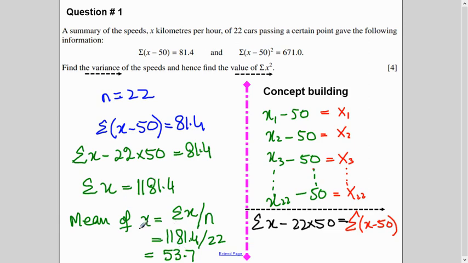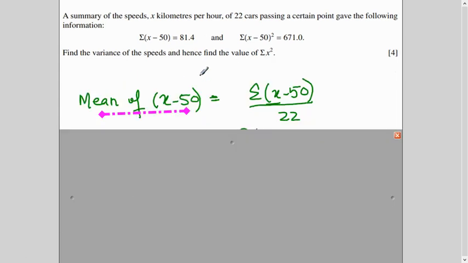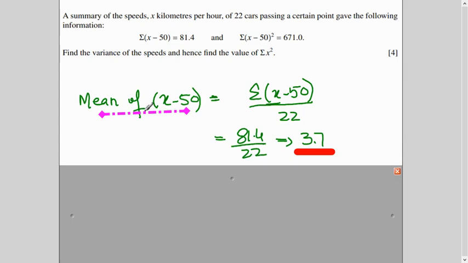What is the other way of finding the mean of x? Let's see. We know that the sum of x minus 50 is 81.4. So if I divide 81.4 by 22, I will get the mean of this x minus 50, the new data. But I have to find the mean of x. So what will I do? What did I explain to you a minute ago?